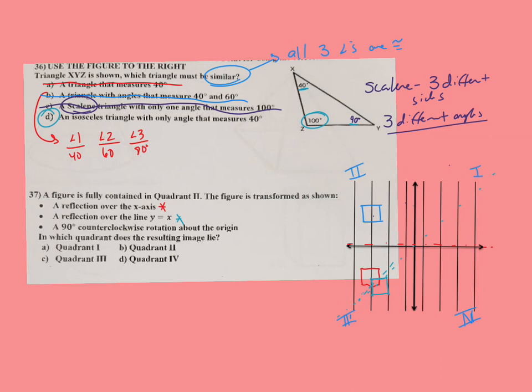Now a rotation about the origin, 90 degrees clockwise or counterclockwise. So that means basically I take these points and I rotate them 90 degrees. It's going to go on this basically circle. I think the easiest way to do that is to rotate it like this. See how that's a rotation?